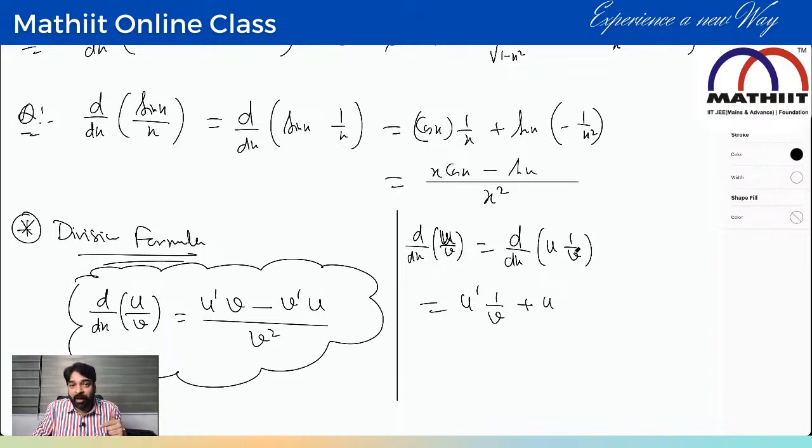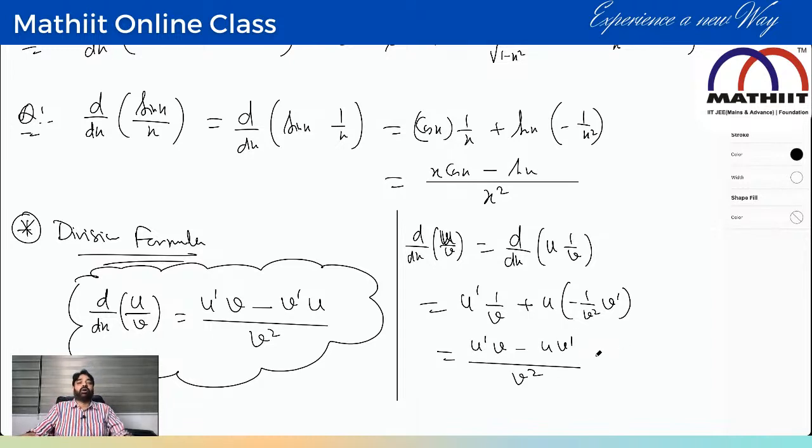I cannot write directly v dash, because we have to apply the 1 by x formula. And 1 by x differentiation is minus 1 by x square. So minus 1 by v square into v dash, because something is the v. So it will come the same: u dash v minus u v dash divided by v square. That's called the quotient rule, or the division formula for differentiation.